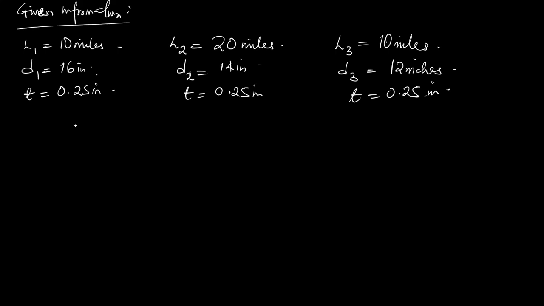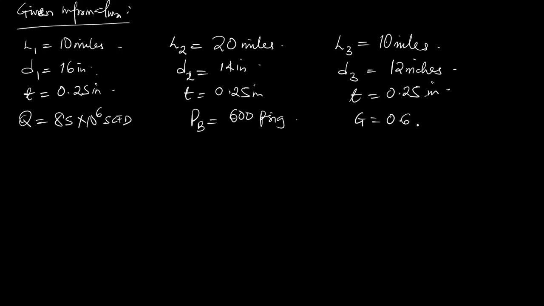We are also given the volume flow rate of the gas in the pipe, which is 85 times 10 raised to power 6 standard cubic feet per day. The delivery pressure at B is 600 psig and the gas gravity is 0.6.